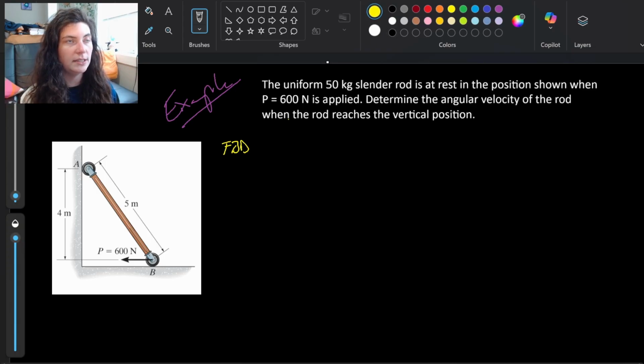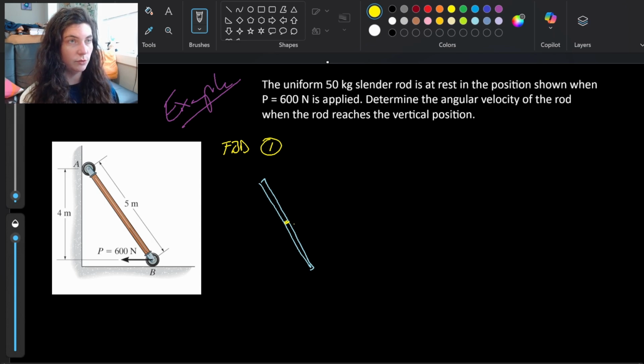So for our free body diagrams, initially, we have this rod. We know that this rod has a mass, and that mass acts in the center of the rod.